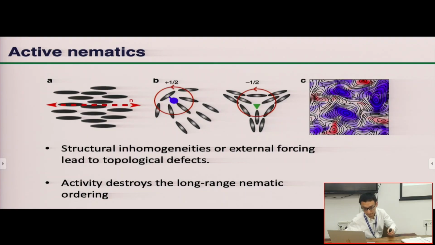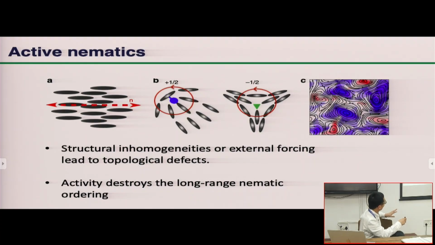Again, that's math, and we're not going to talk about that, but if you read the literature, you're going to find those terminologies there. If you go around this circle and count how much the director has rotated, you associate a number to that. If you rotate 360 degrees, that's 1. If you rotate in the other direction by 360, that's minus 1, and so on and so forth.